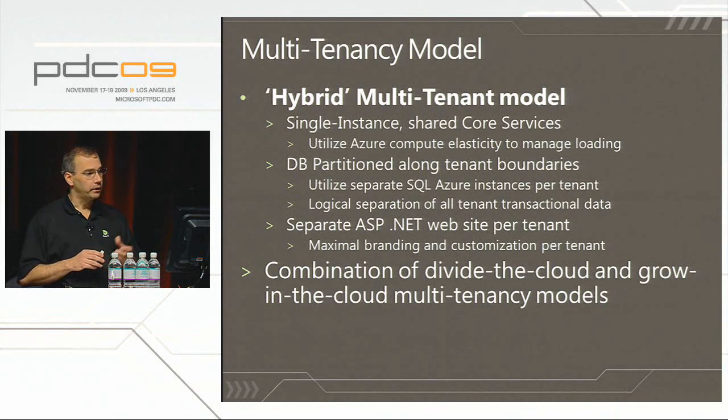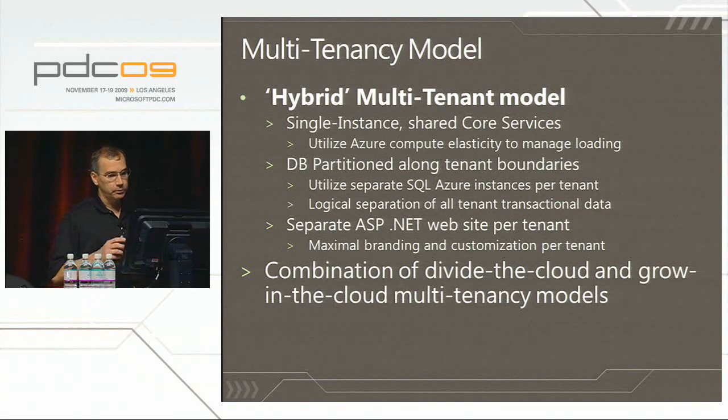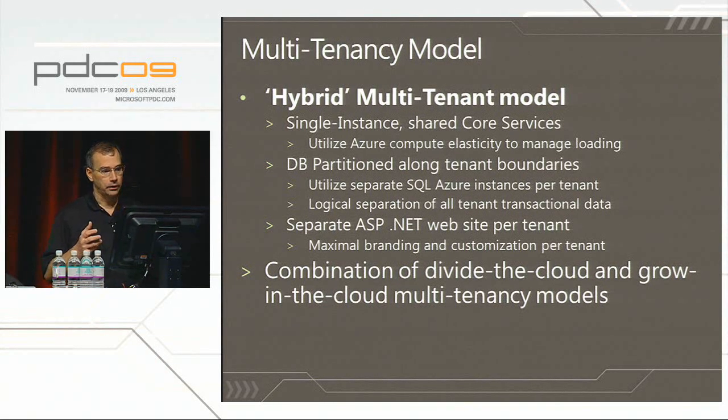We also have separate ASP.NET websites per tenant that provides maximal branding and customization on a tenant-by-tenant basis. So this is a bit of a divide the cloud in terms of the ASP.NET websites per tenant, and a grow in the cloud in terms of the single instance shared core services, multi-tenancy models.